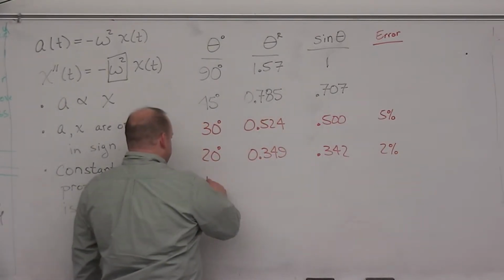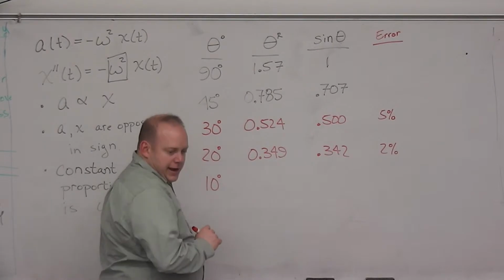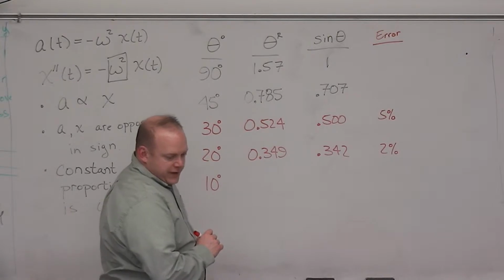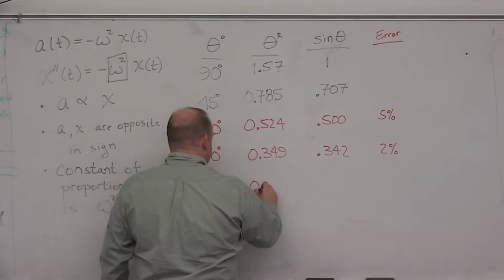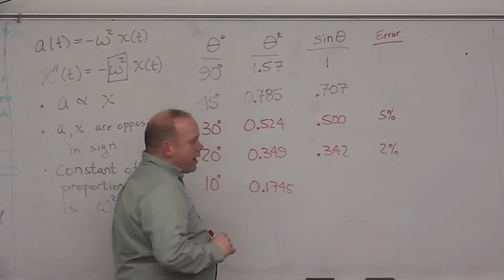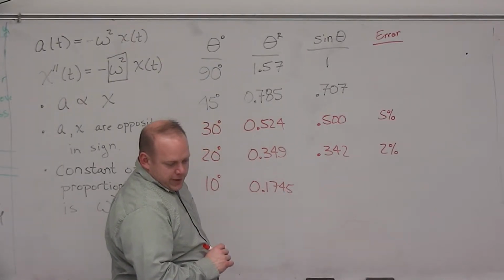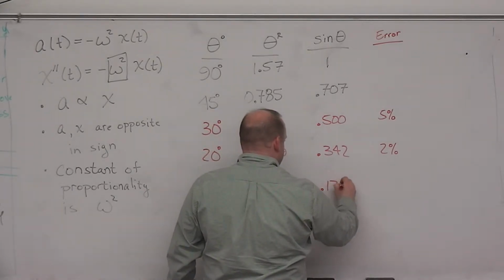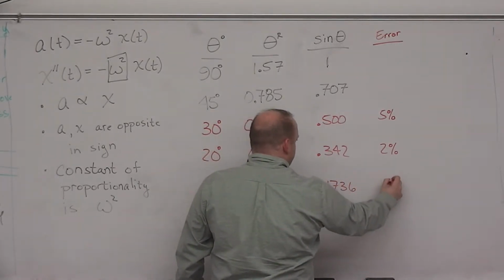We get down to 10 degrees. At 10 degrees, that's pi over 18, which is 0.1745. So the sine of that is 0.1736. That's 1% error.